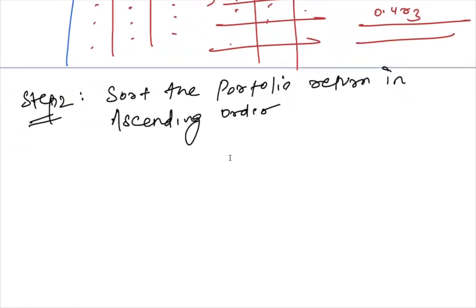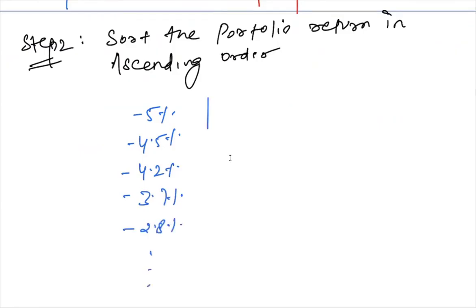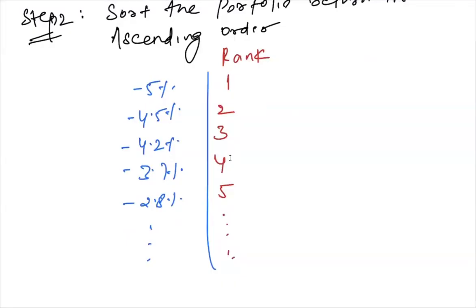So let's say you sort something like this: -5%, -4.5%, -4.2%, -3.7%, -2.8%, and so on, right? And whenever you sort, provide rank. This is your worst loss, second worst loss, third worst loss, fourth worst loss, fifth worst loss, and so on, right?